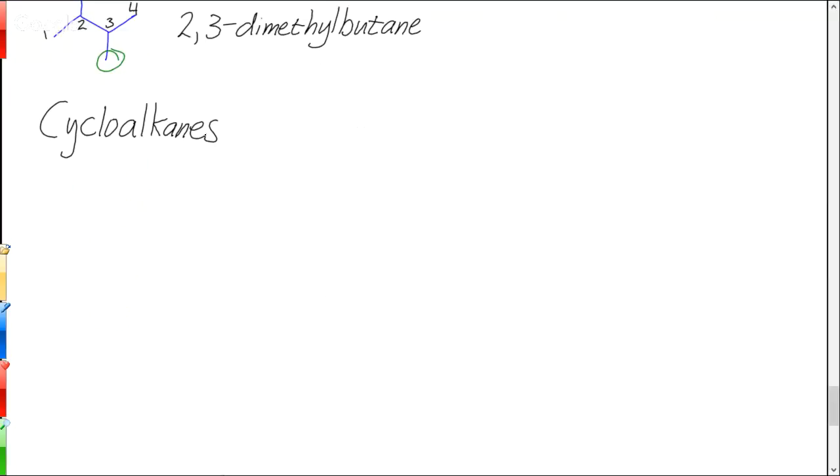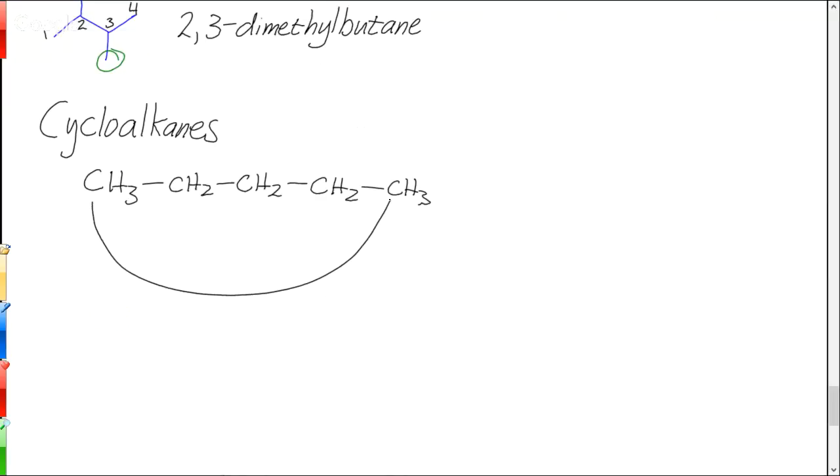So if you had something like CH3, CH2, CH2, CH2, so 5 carbons in a chain, we couldn't just connect these ends, because if you imagine it coming back around on itself, that wouldn't quite work.